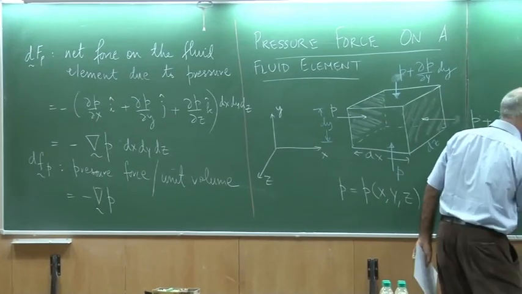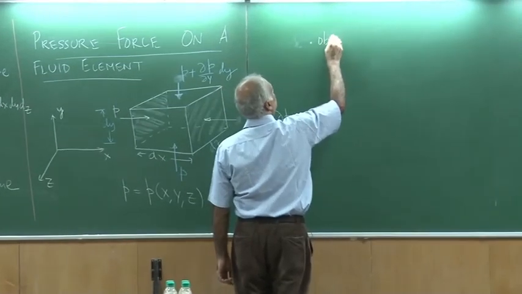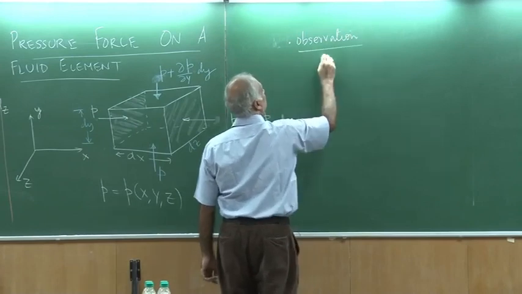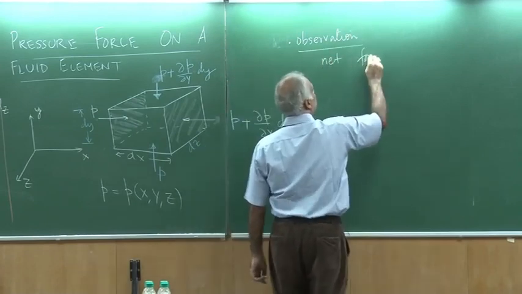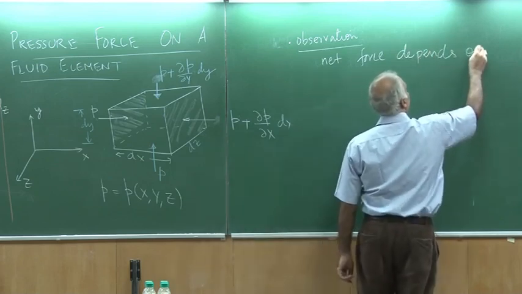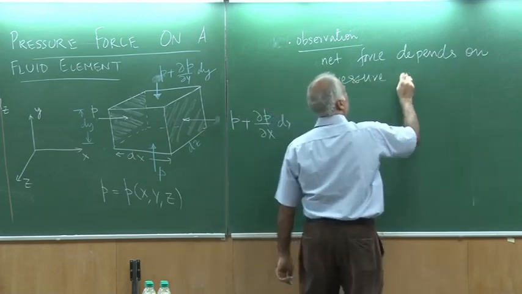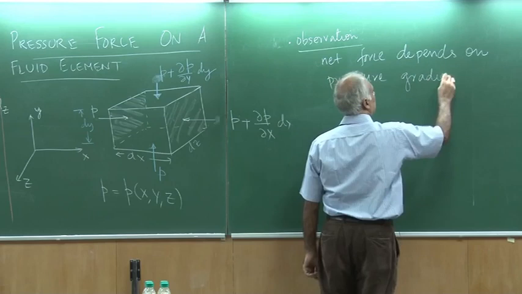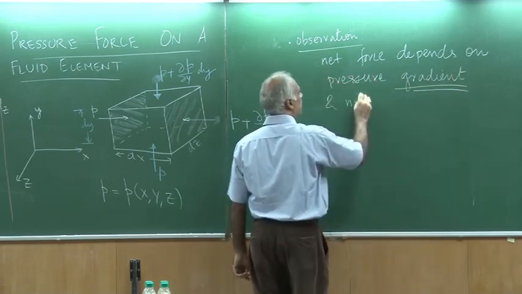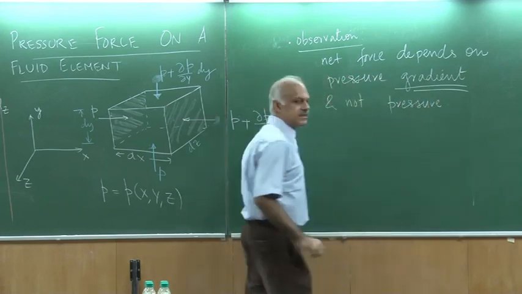All right. Next, what I can do is I can try to find out, do a force balance between, so observation 1. Net force depends on pressure gradient and not the pressure.